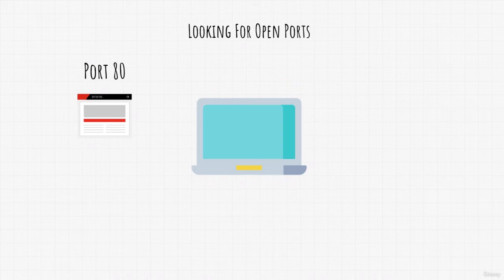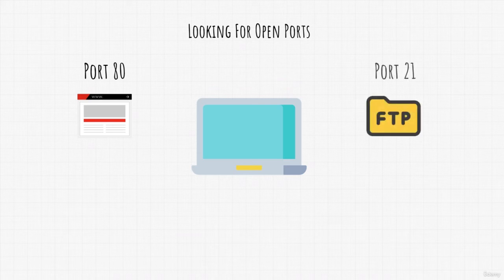And a port that could sometimes be open if you're scanning internally, which means either scanning machines on your network or performing network penetration testing inside of some company, is, for example, port 21. This is an FTP port and it's used for file transferring. FTP stands for File Transfer Protocol. These are just two of the ports and there are a lot of them.